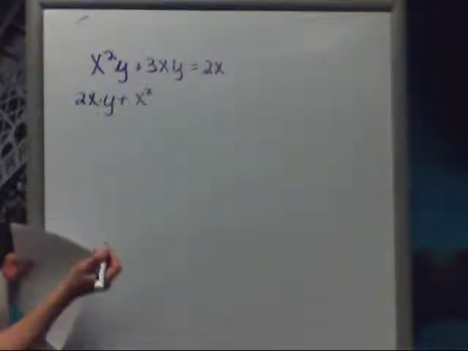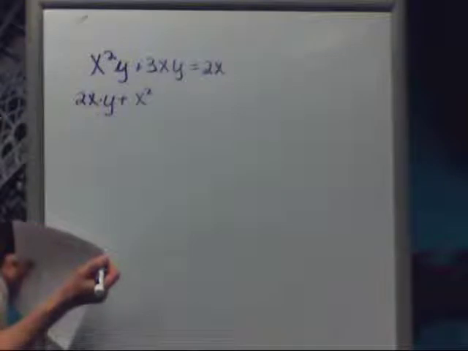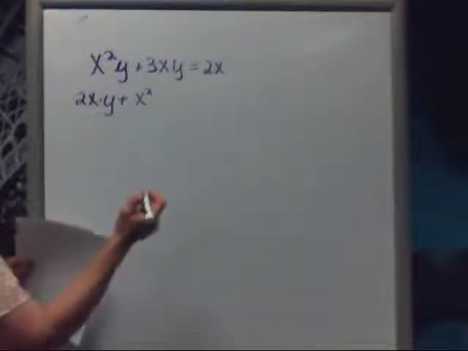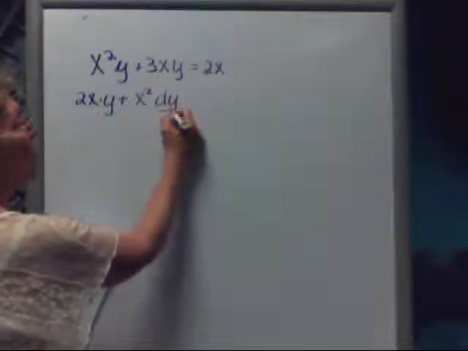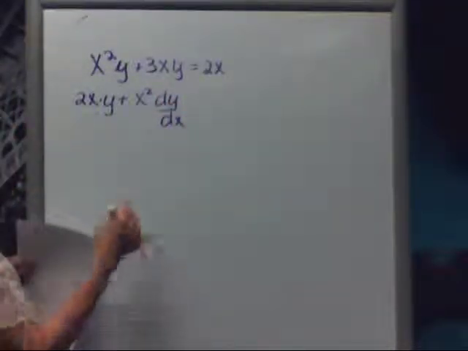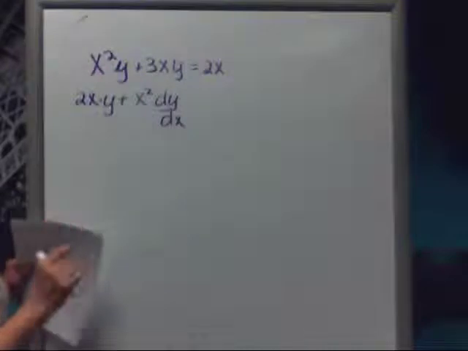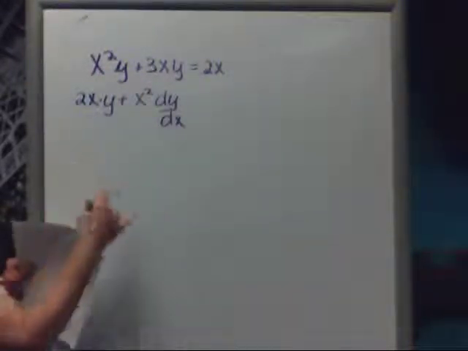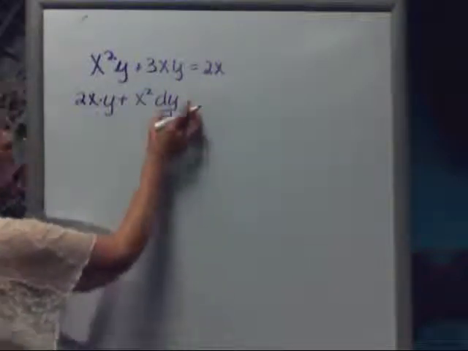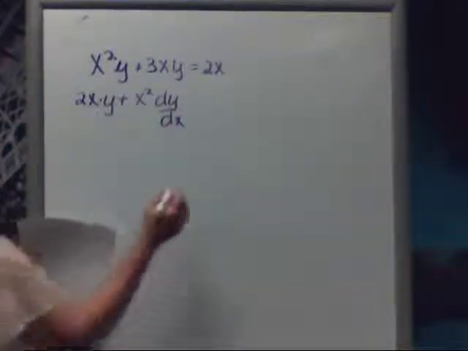And again, y could be solved for as a function of x, but tough doing, so instead we're going to implicitly derive, which means we're going to write dy dx, like derivative of that quantity with respect to x. Just don't know what that quantity is. We're going to solve it by going through the back door, so to speak.